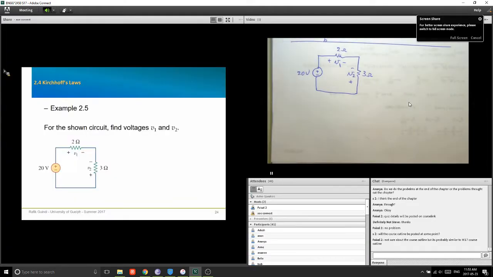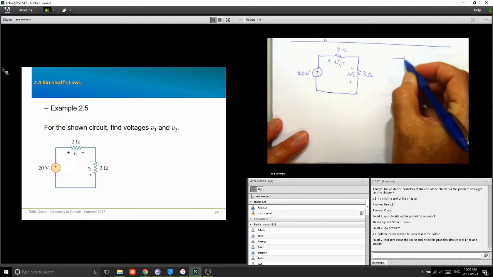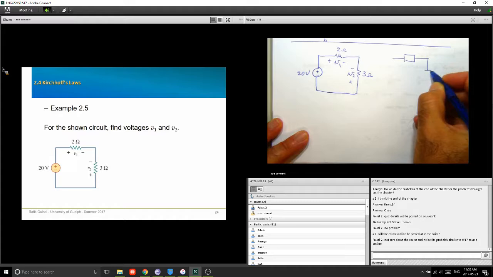Okay. How am I going to find those two voltages, V1 and V2? I'm going to show that, assume it looks like this.